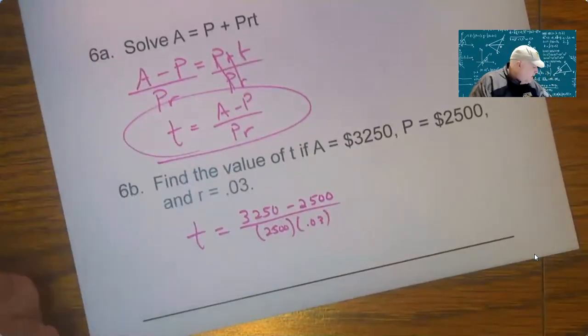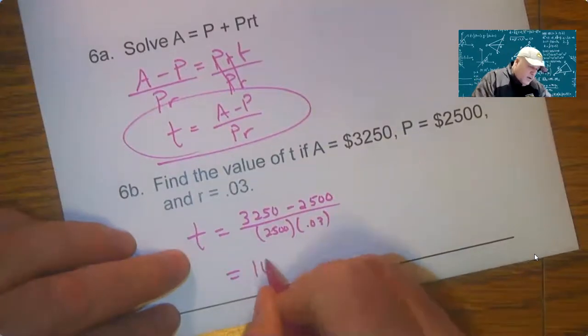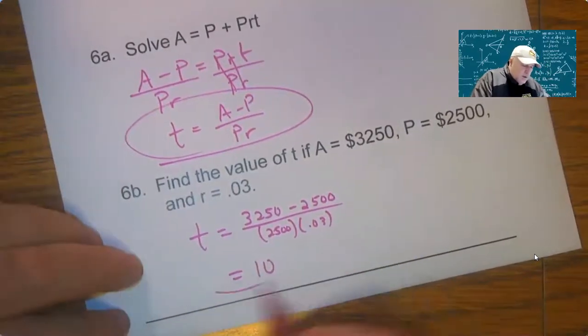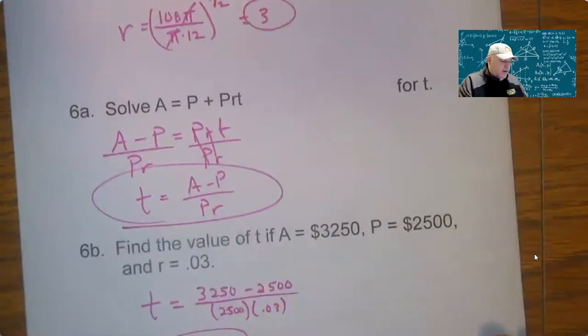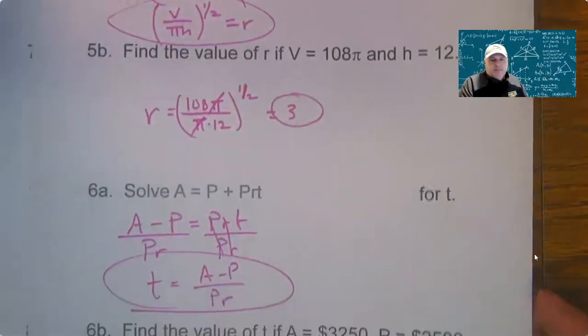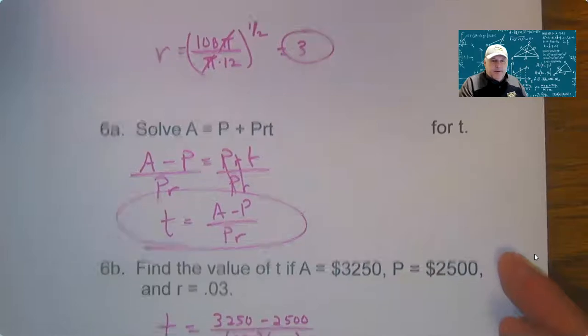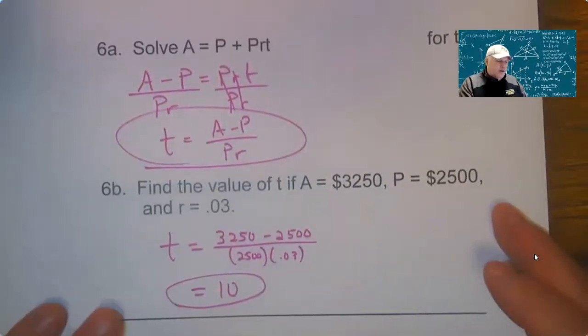Just do the formula out, and you get 10. Excuse me, 10 years, actually. So that's a kind of a simple interest problem there, and you're finding the value of time.